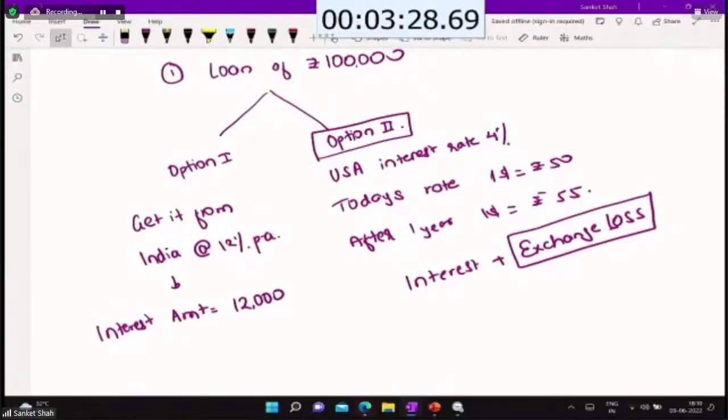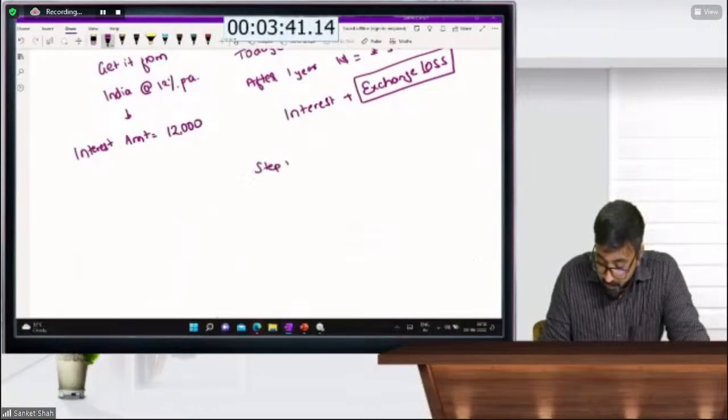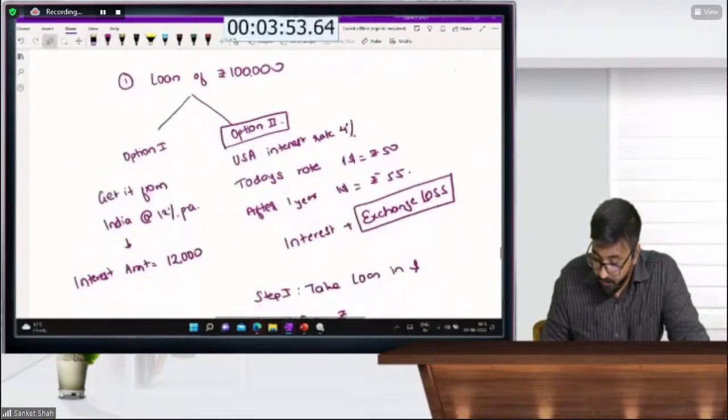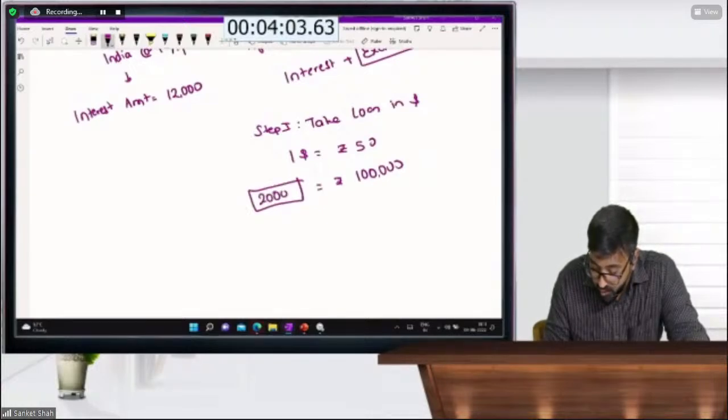Correct answer is, let's see the answer. Step 1, take a loan in dollars. Now $1 is equal to rupees 50, correct? You are in need of rupees 1 lakh, so this is $2,000.